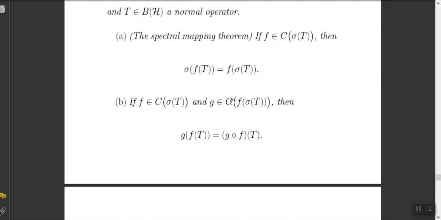So g is a continuous function on this compact set, okay? Then for g of f of T, f of T is an operator, then you can define g of f of T to be another operator. This equals g∘f of T. It means you can calculate g∘f first, then you calculate g∘f at T, just like what we have in ordinary calculus.